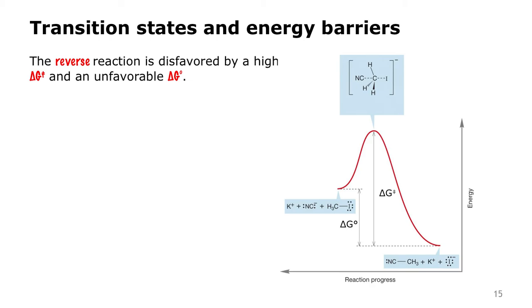But if we think about this reaction running in the other direction, where the iodide acts as a nucleophile and displaces the cyanide, we can see that that reaction would be exceedingly slow because it needs to climb a very high energy barrier in order to get to the products. So regardless of the reaction being endergonic and disfavored thermodynamically, it's also highly disfavored from a kinetic point of view and would be even slower than the forward reaction.